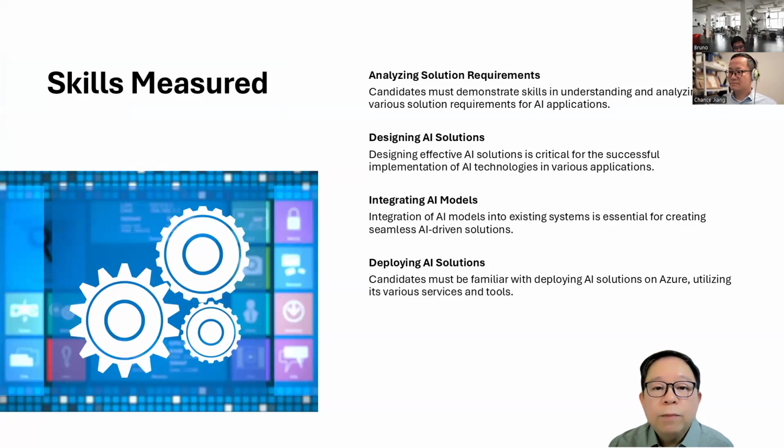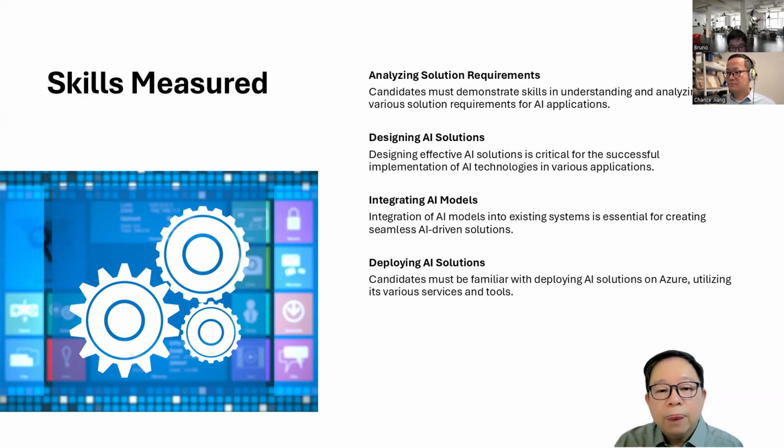So how do they measure the skill? The first one is analyzing solution requirements. AI-102 professionals will have the capability to understand the requirements from the customer. Before you build the application, you must understand and analyze what the potential AI solution is. You are not going to promise that a certain AI technology is available when it is not right now.